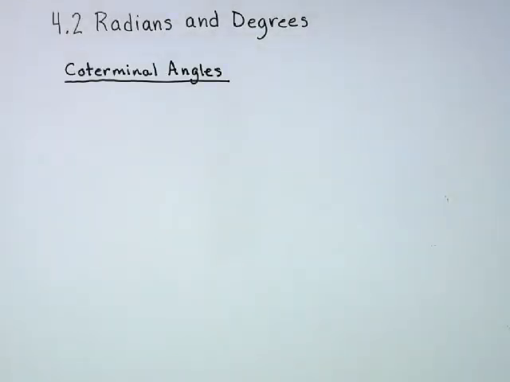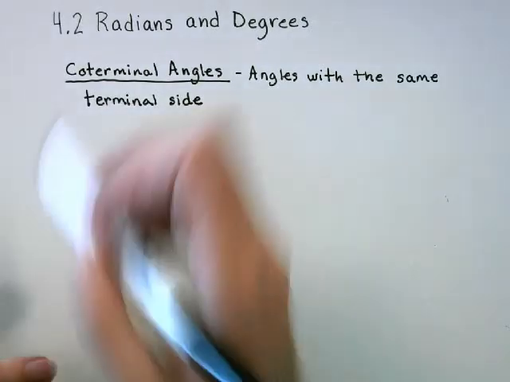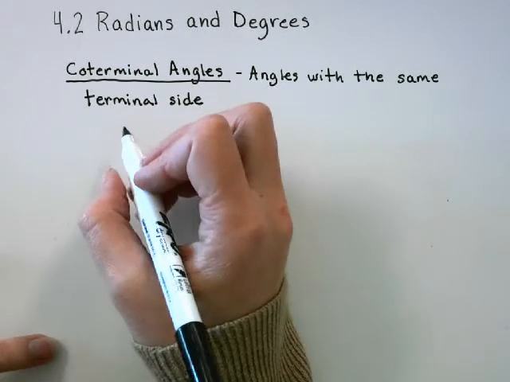Next vocabulary term is coterminal angles. Coterminal angles are angles with the same terminal side. So what we're going to do is add just a full rotation, which is going to be 360.